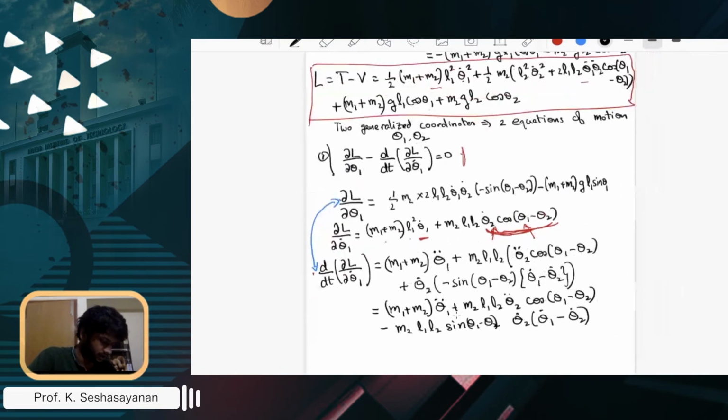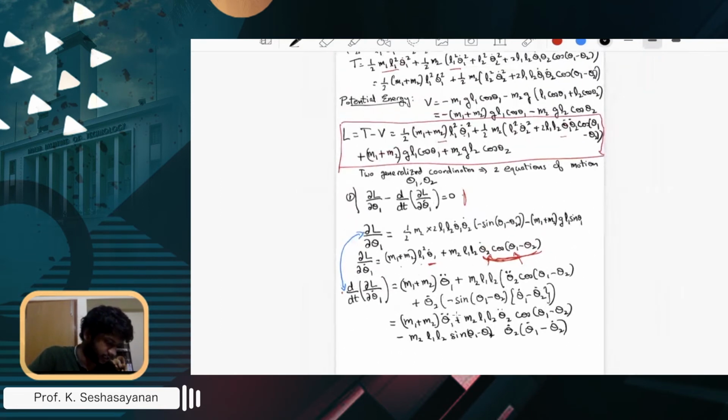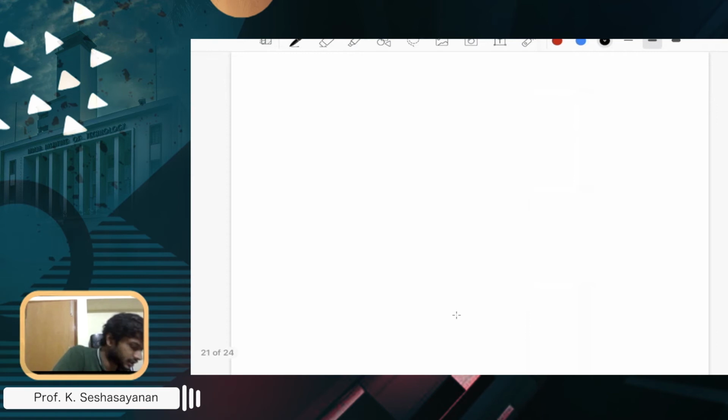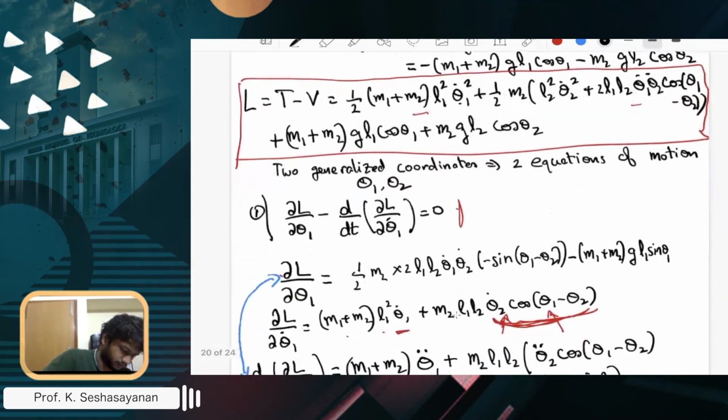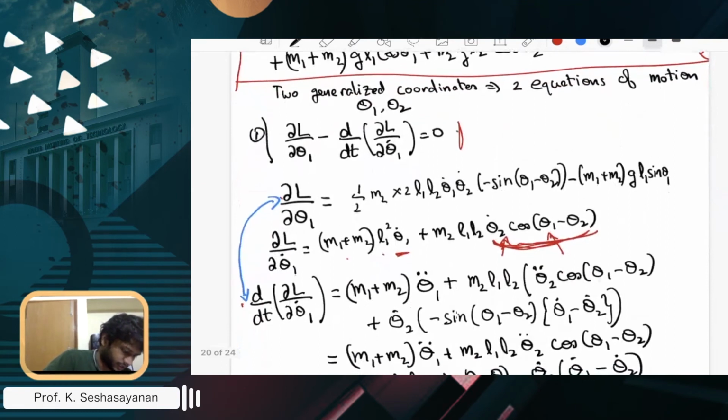So I'll make it into the next page. So we'll write it as: we have one term which is m1 plus m2 and theta 1 double dot.